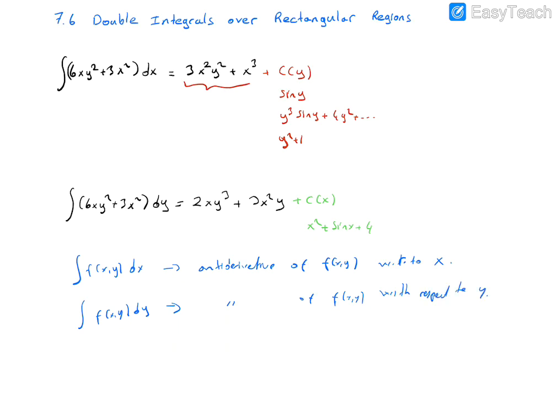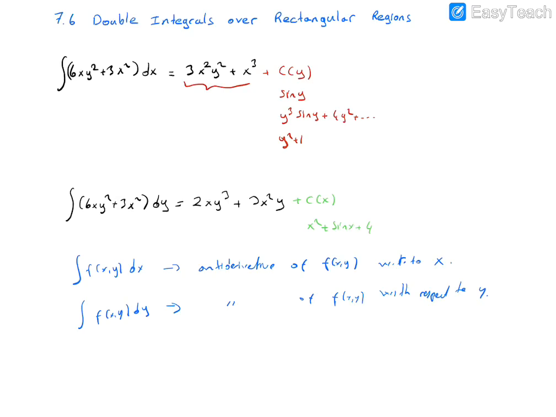So how do we calculate? By fixing y and x, respectively. You can calculate these antiderivatives, or these integrals, as a definite case, easily. For example, the integral from 0 to 2 of 6xy squared plus 3x squared dx equals the difference of this function.